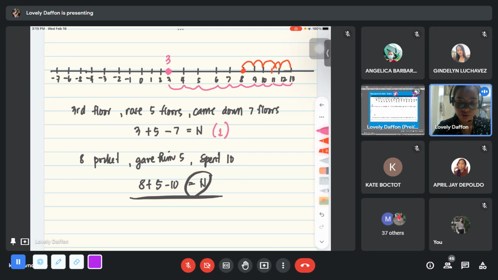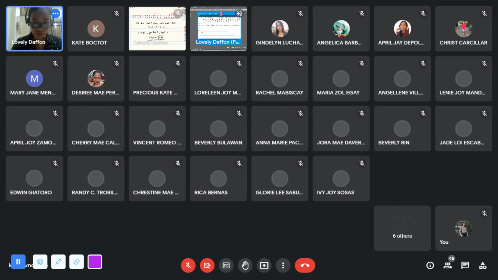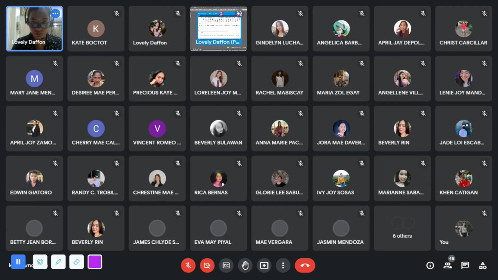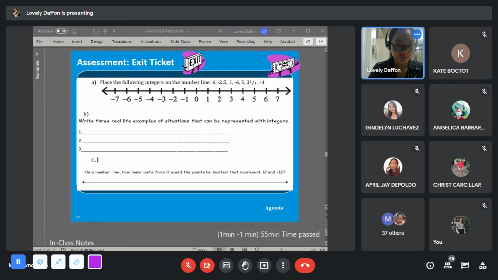Okay, so place the following integers on the number line. We have 6, negative 2.5, 3, negative 6, 5, 3 and 1/3, and then negative 1.